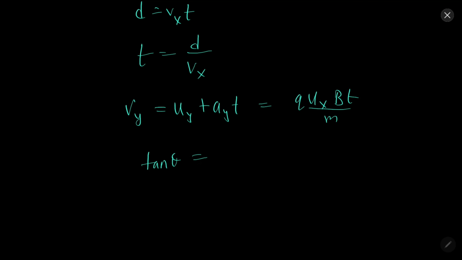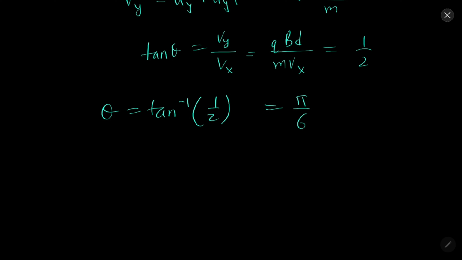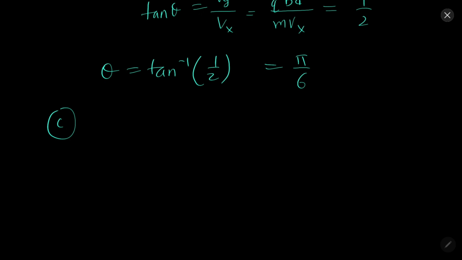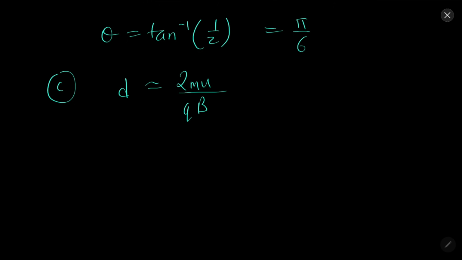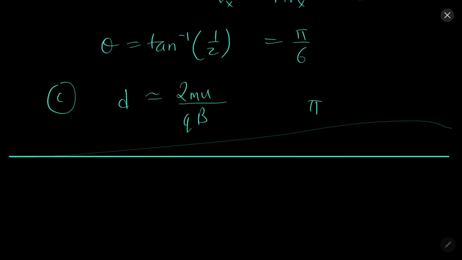Tan theta will be Vy by Vx, which is qBd by mvx, which will give us 1 by 2. Theta is tan inverse 1 by 2, which will give us pi by 6, 30 degree. In this case d is almost 2mv by qB, so the angle will be pi because they are at 180 degree with each other.